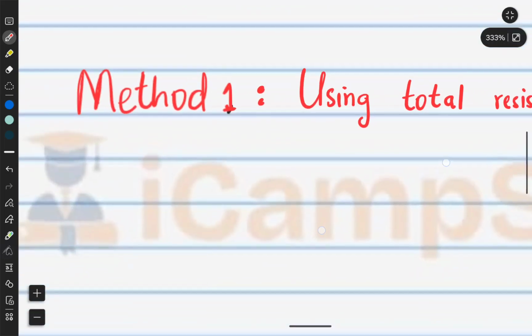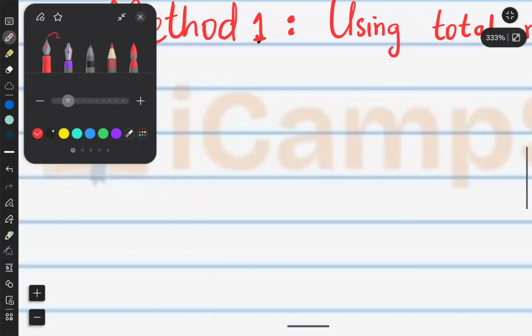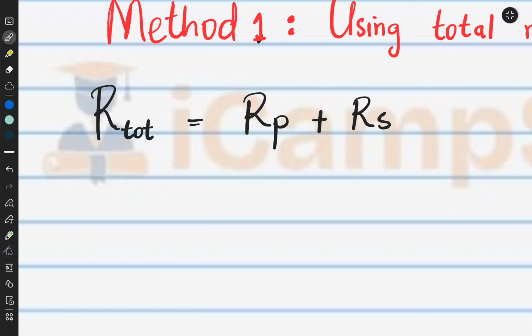So what's our total resistance? We can say that R tot is equal to the parallel combination plus the series combination, right?